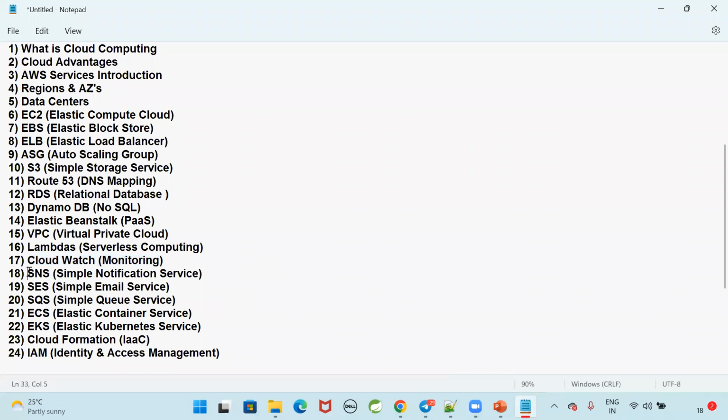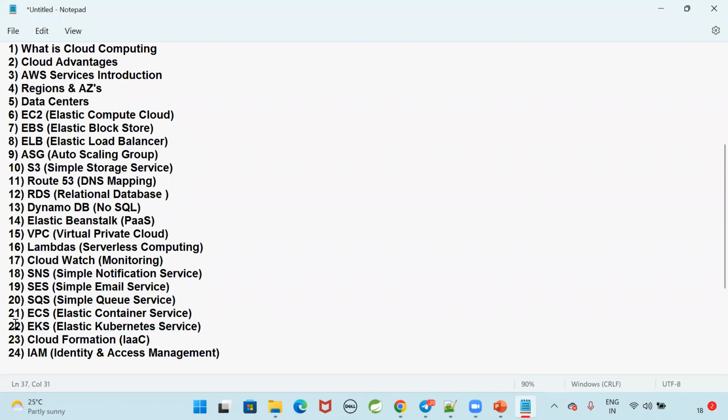Then next, SNS, SES, SQS: Simple Notification Service, Simple Email Service, Simple Queue Service are available. ECS, Elastic Container Service, EKS, Elastic Kubernetes Service. For Elastic Kubernetes Service, we need to use that AWS cluster, the EKS cluster. Kubernetes knowledge is required to work with this.